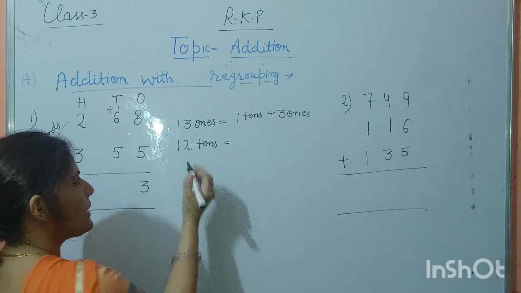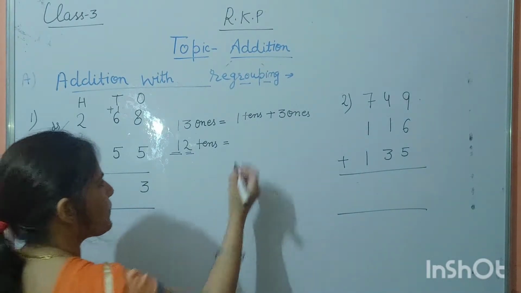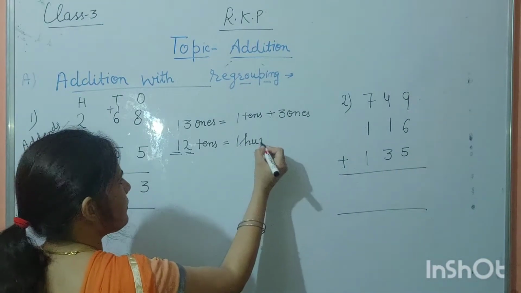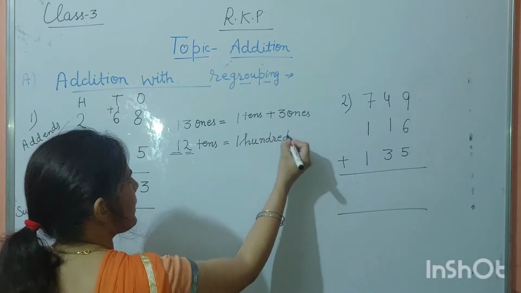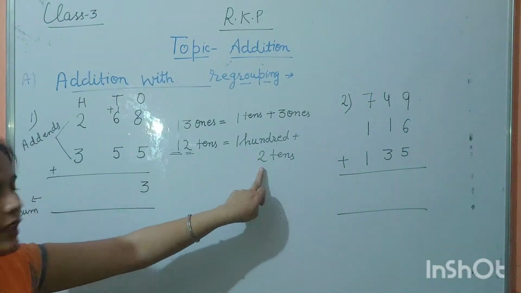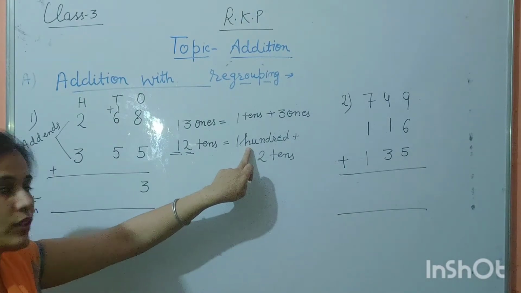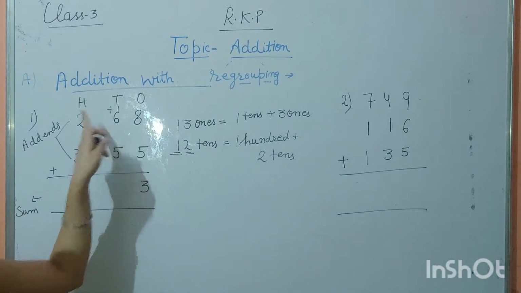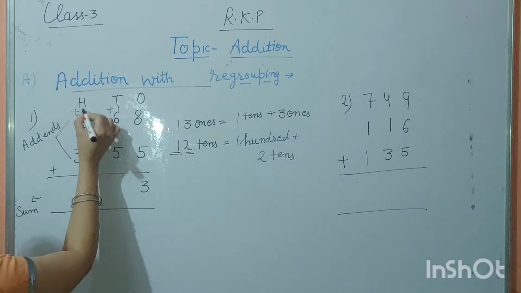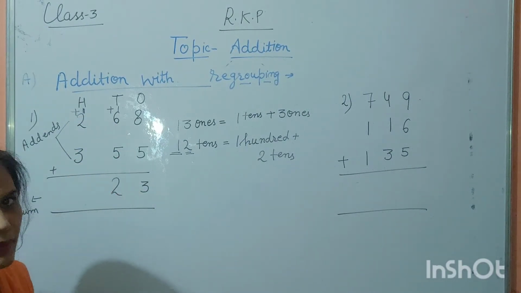It will become 1 hundred plus 2 tens. This 2 tens will come at the tens place and this 100 will become the carry over at the hundreds place.